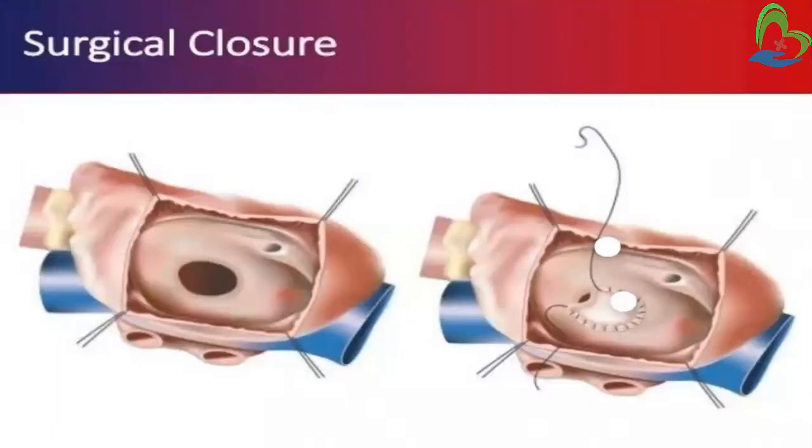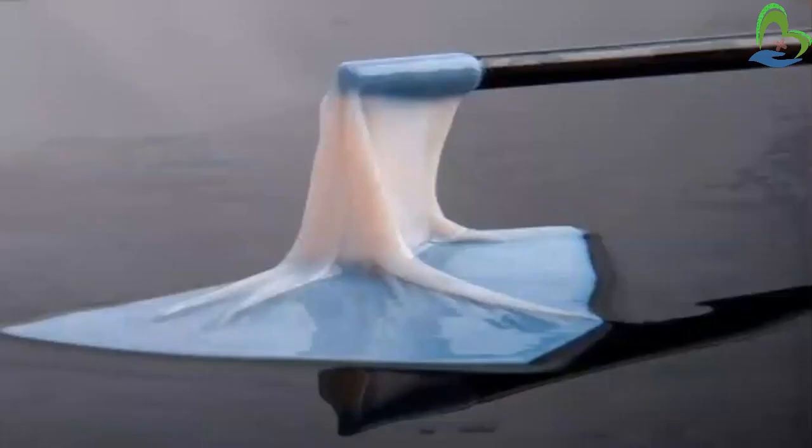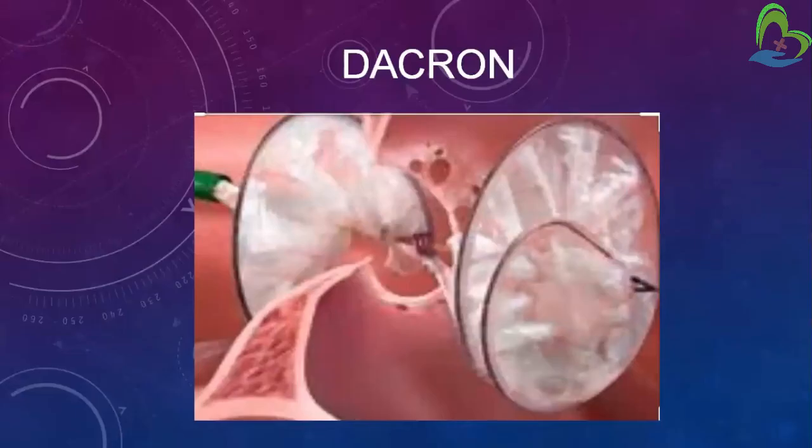Okay, see, this is the picture of surgical closure. We can do surgical closure by taking sutures and closing the defect. This is the pericardium layer, so by using the patient's own pericardium layer we can close the defect. Then this is Dacron.